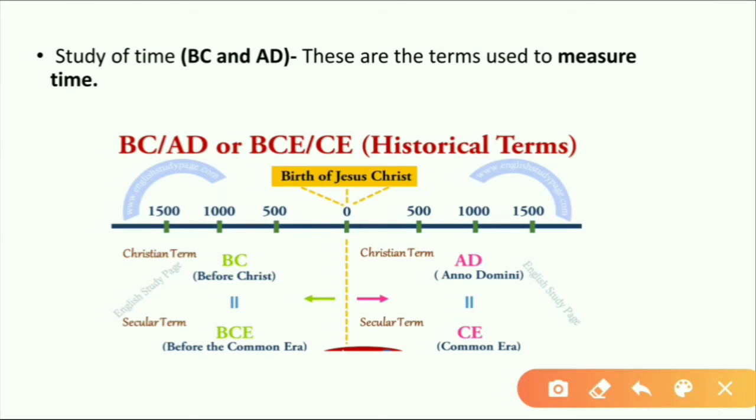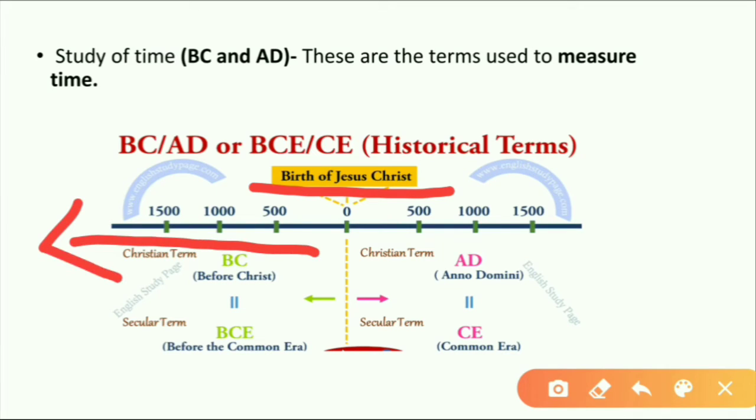Now we will understand how they used to measure time in the ancient period. The birth of Jesus Christ was taken as the reference point to count the dates, and all the dates before the birth of Christ were counted backward and denoted as BC, that is, before Christ.